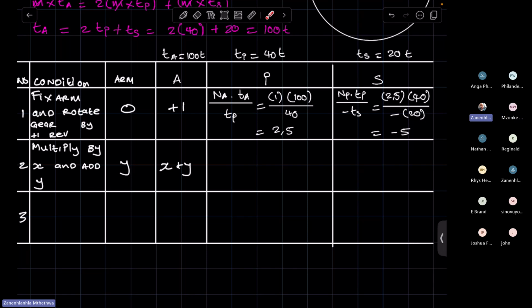Now, another thing, you must always make sure that the direction you get always aligns with how you assumed that this is rotating. You established that this is going clockwise, hence this also has to be positive, corresponding with the direction you assumed initially. Similarly with the gear S.